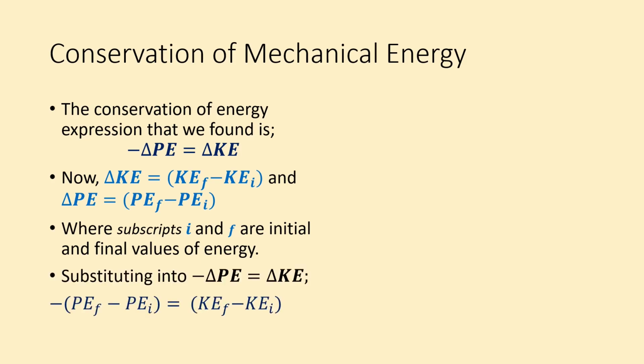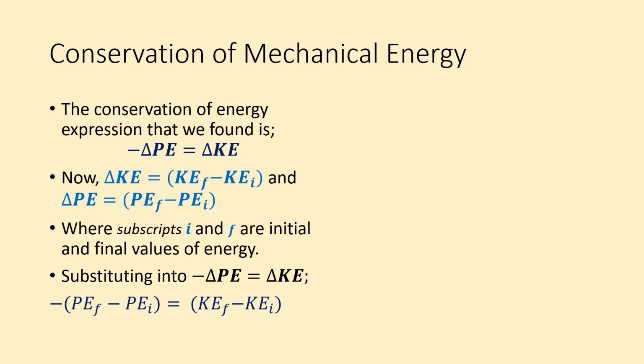Okay. So now if we substitute those new expressions into the conservation of energy expression that we found, then we end up with that last expression there: minus (PE_F minus PE_I), where the PE_F and PE_I are in parentheses, and then you have (KE_F minus KE_I) in parentheses.